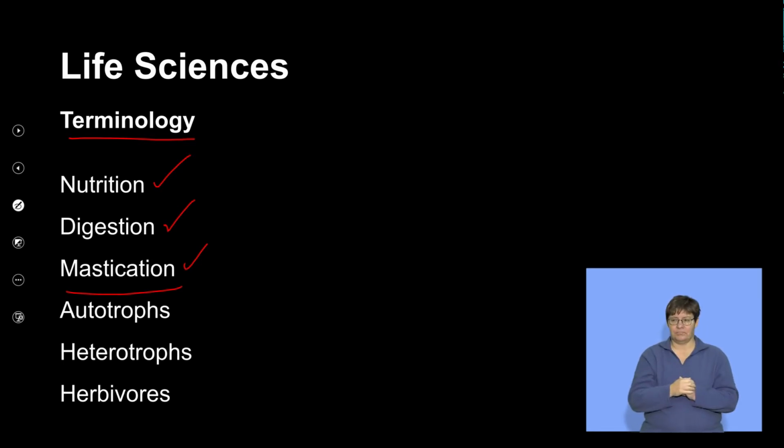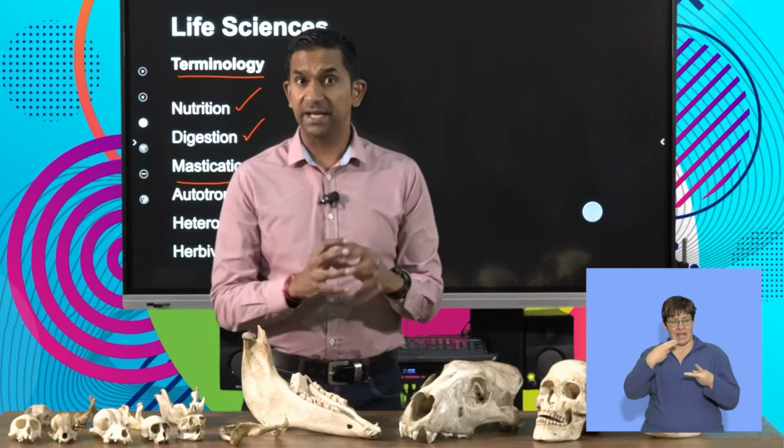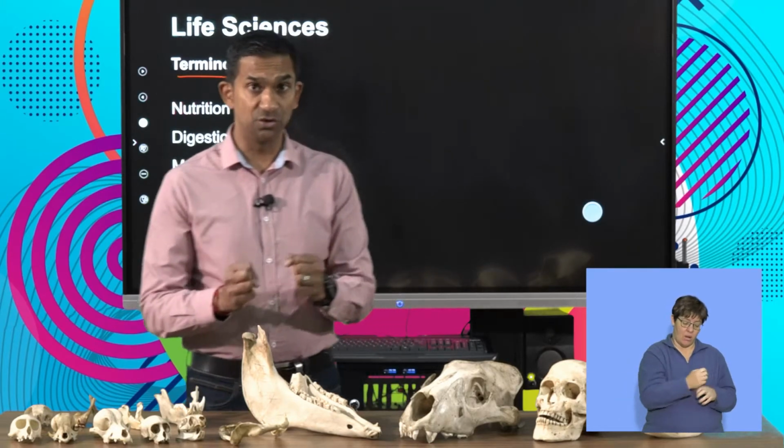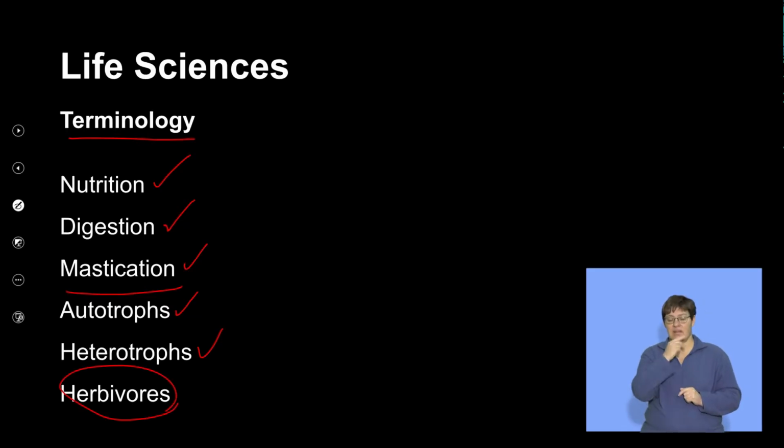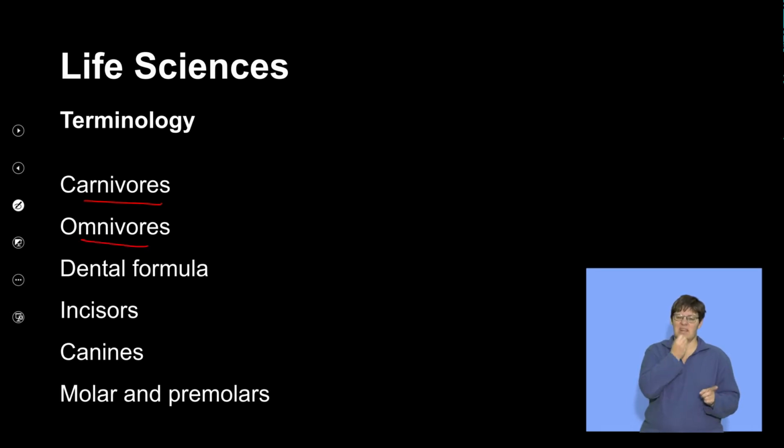We're going to have to compare autotrophs and heterotrophs in terms of individuals that are able to produce their energy and those that consume other organisms. And then we're going to compare herbivores, carnivores, and omnivores in terms of their mode of nutrition as well as their structural adaptation of the jaws and teeth for that mode of nutrition.